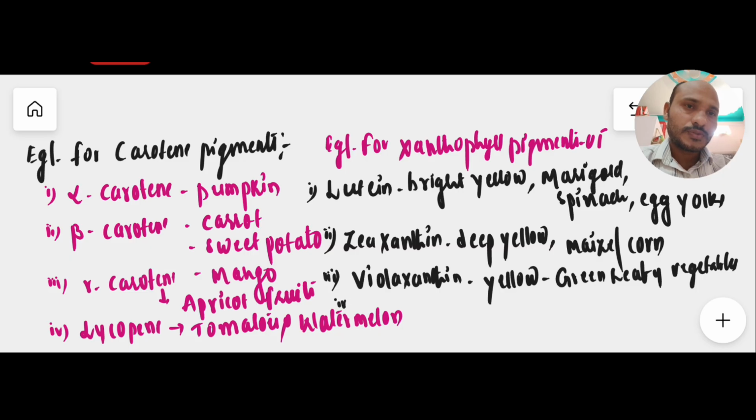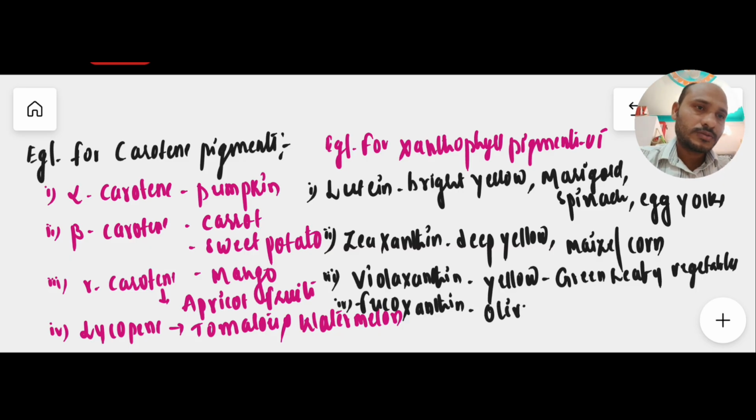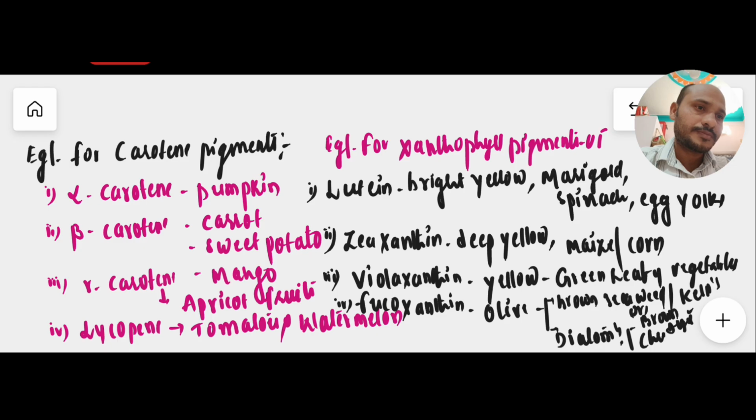And the fourth one, that is fucoxanthin. The color of this pigment is olive, and it is found mainly in brown seaweed, brown algae or kelps, members of Phaeophyceae. And fucoxanthin is also found in diatoms and golden algae, or simply members of Chrysophyta.